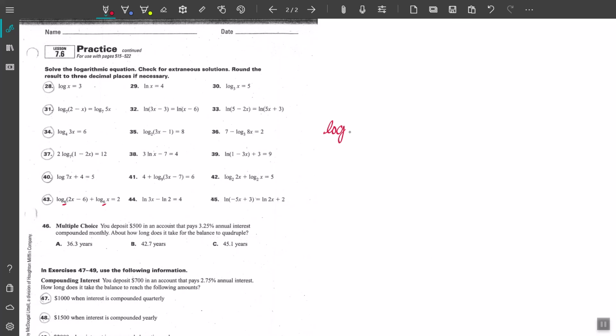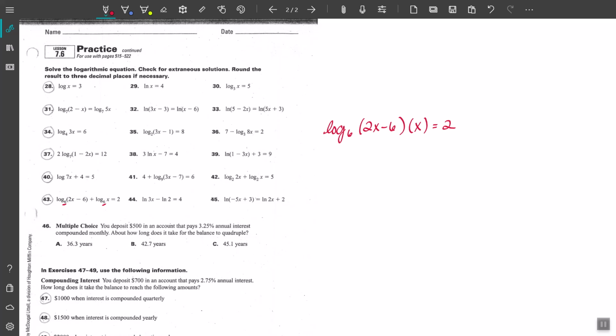So we can say log base 6, we're just rewriting that because they share that in common, and then we will multiply the 2x minus 6 and that x together, and then keep it set equal to that 2.